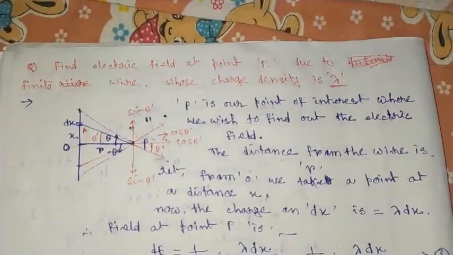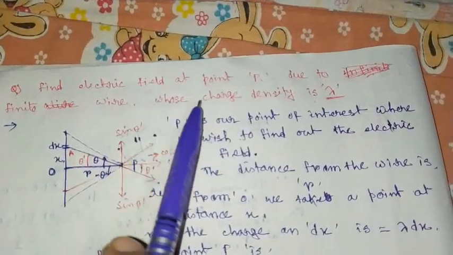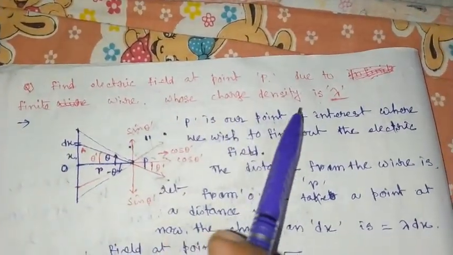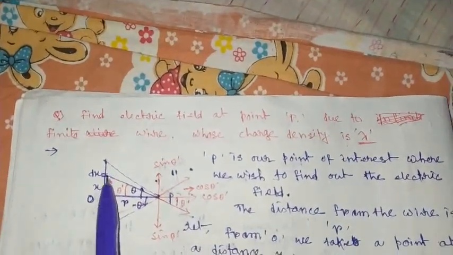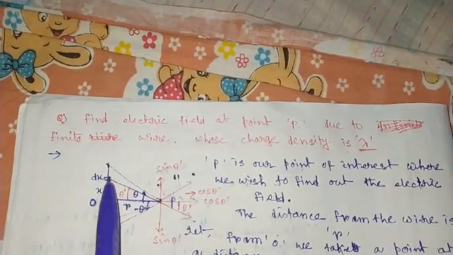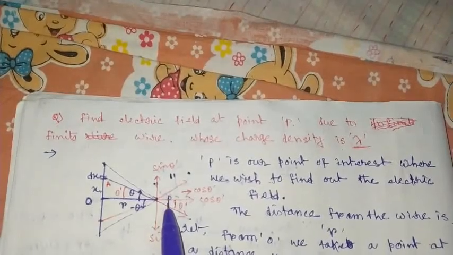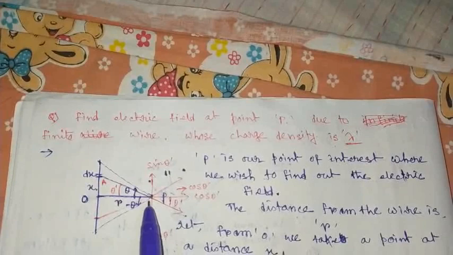Now the second question is, let's see the question. Find the electric field at point P due to the finite wire whose charge density is lambda. So in this figure we have a charged wire, suppose positively charged, and due to this wire we have to find out the electric field at point P, which is at r distance, and the distance is the perpendicular distance.